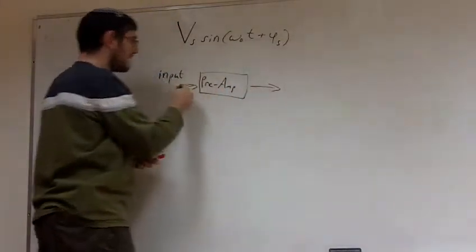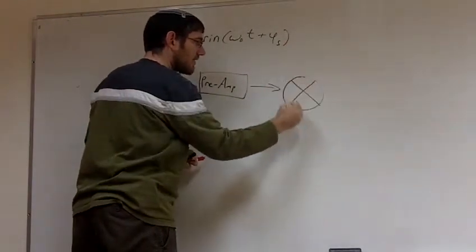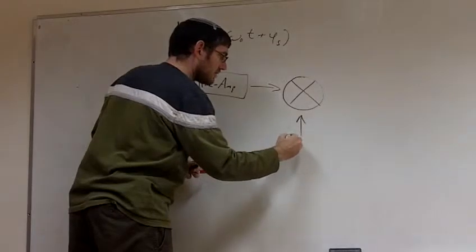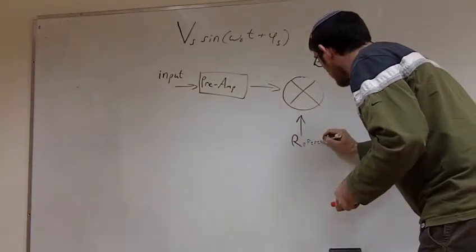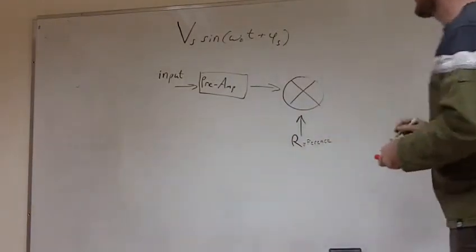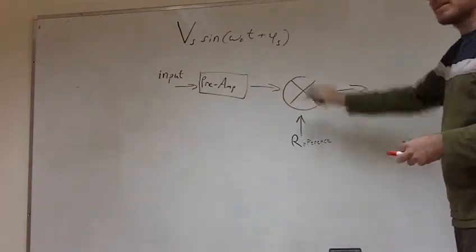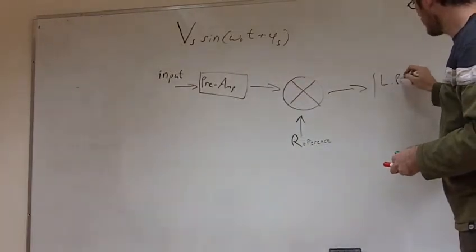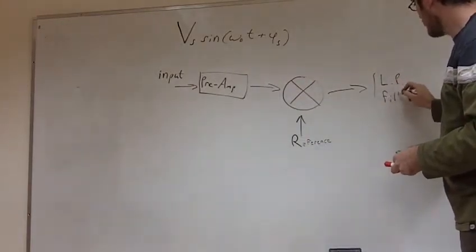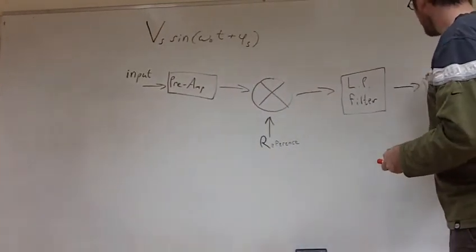Then this input signal is mixed with a reference signal. The signal which comes out of the mixing goes through a low pass filter, and then we have our output.